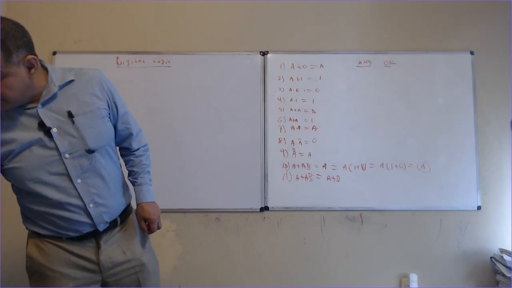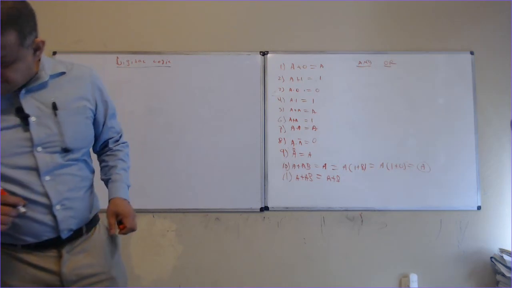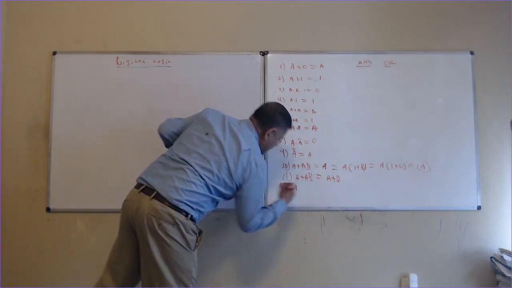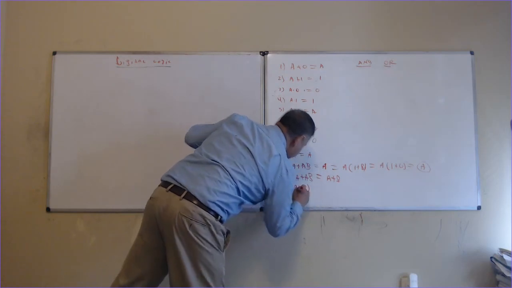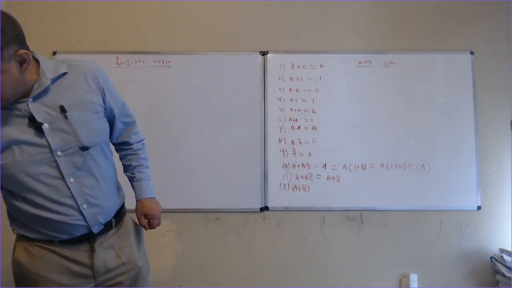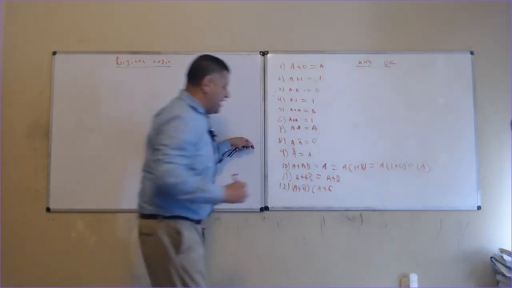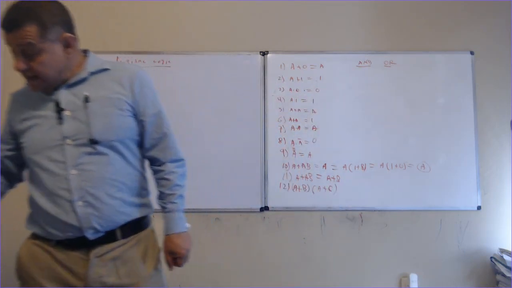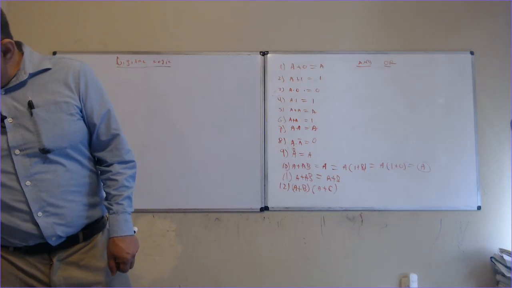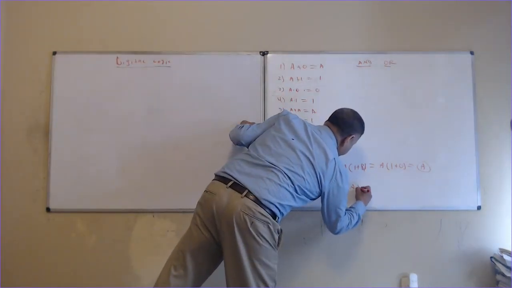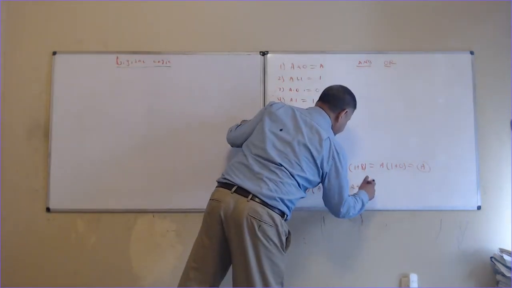Number 12, which is the last one, says A plus B times A plus C. This can be written, using the distributive property, as A plus BC.